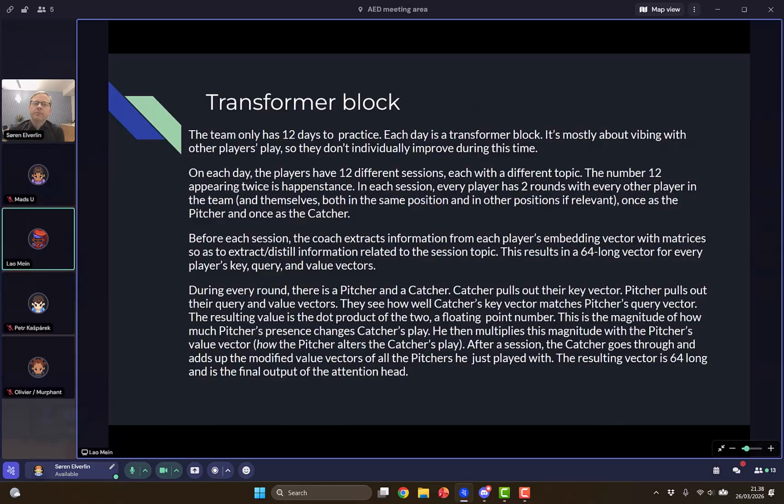So what happens first is you compare the pitcher's query vector with the catcher's key vector. You just take the dot product of those two vectors, and you get a single floating point number. That is how much the pitcher should influence the catcher in this particular concept.